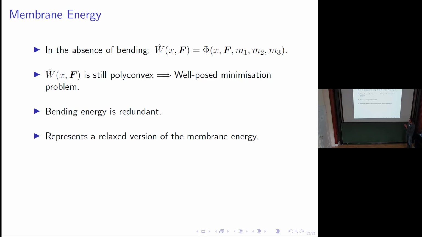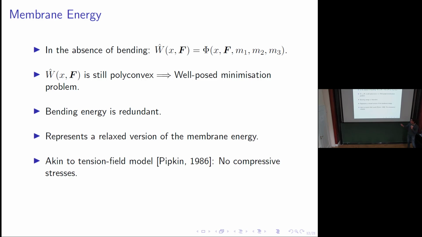What this represents is a relaxed version of an actual membrane energy. And this goes back to work by Pipkin about tension field models, where he talks about quasi-convexification as a means of relaxing membrane energies.